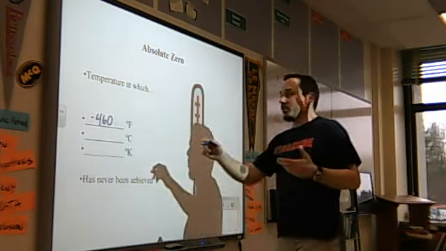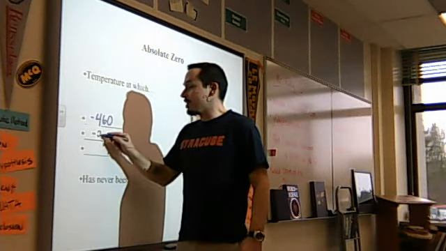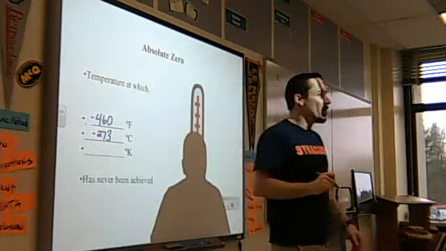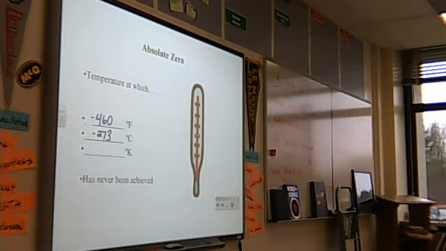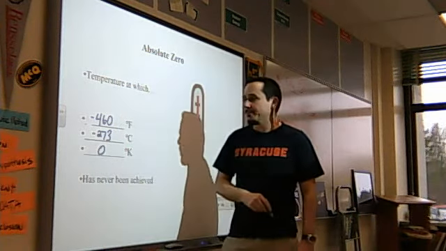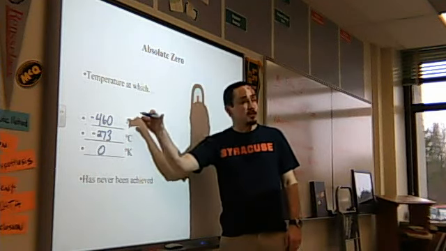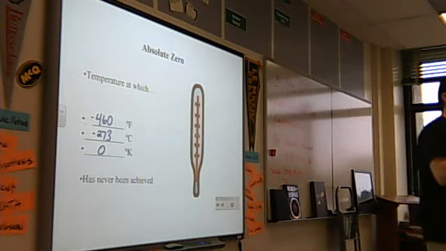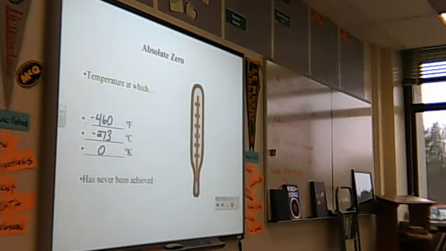Celsius is the other one, and on the Celsius scale it's about minus 273. Do you know the K? Kelvin. It's Kelvin, and it's actually 0 on the Kelvin scale. Now, all of these temperatures are the same thing, just on different scales. And they are the absolute coldest temperature that's achievable by a substance in the universe.